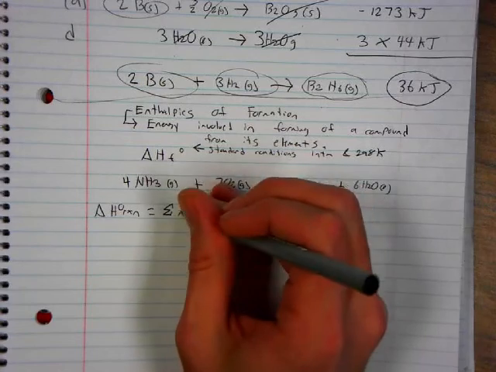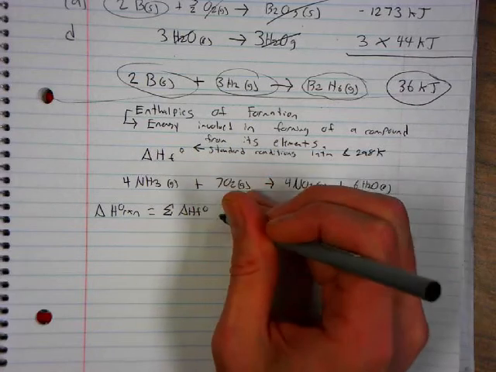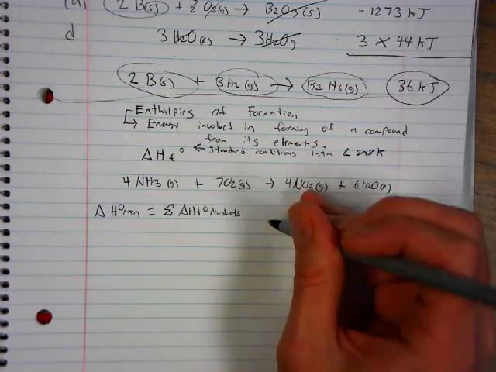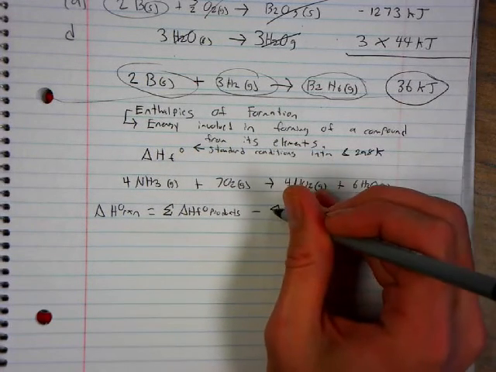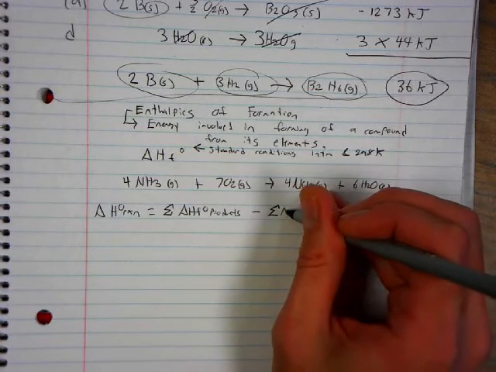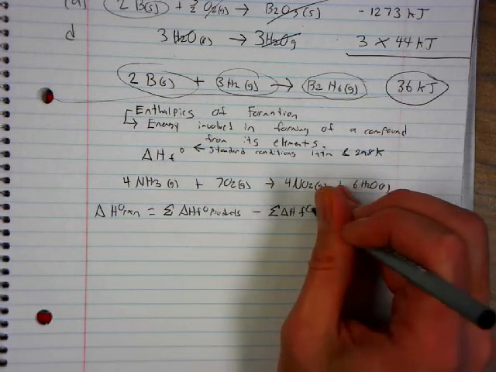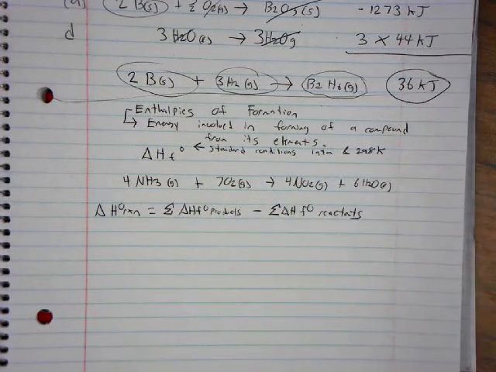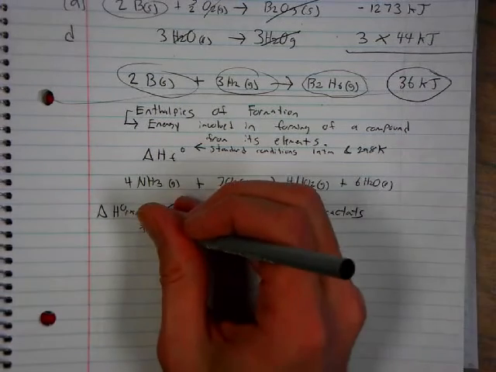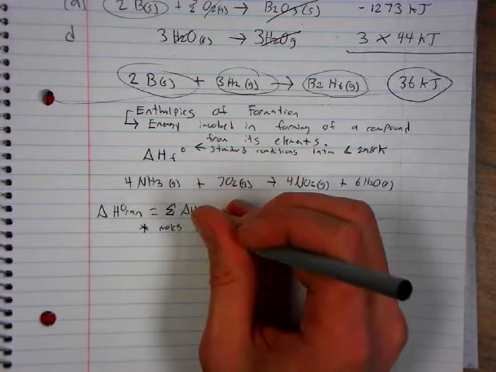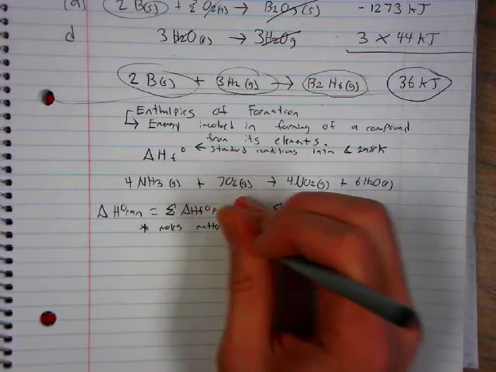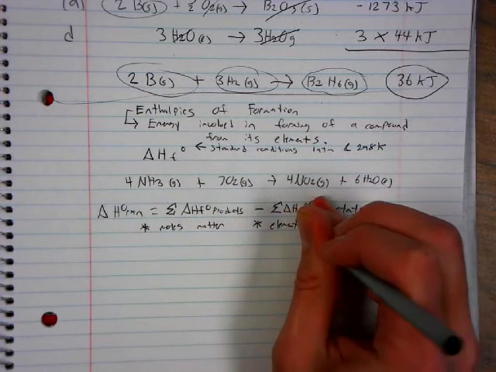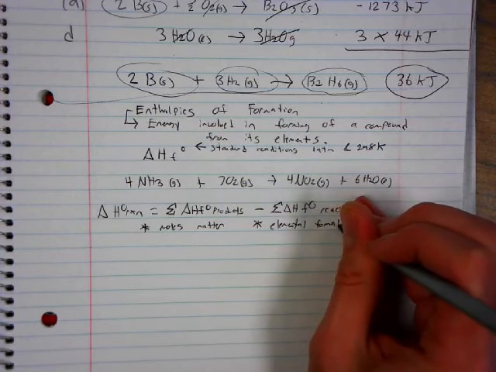And I could ask you, what is the heat of formation for this whole reaction? Here's the equation. Delta H reaction is equal to the sum of delta HF products minus the sum of delta HF reactants.